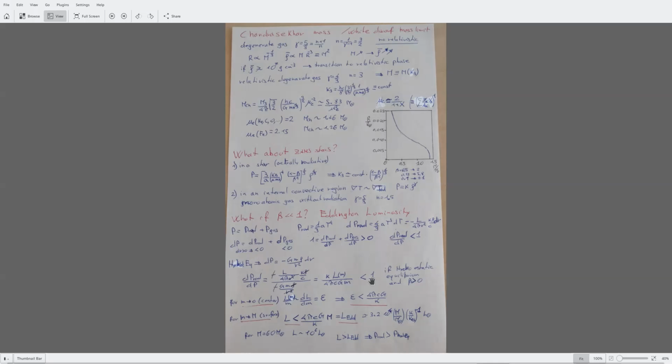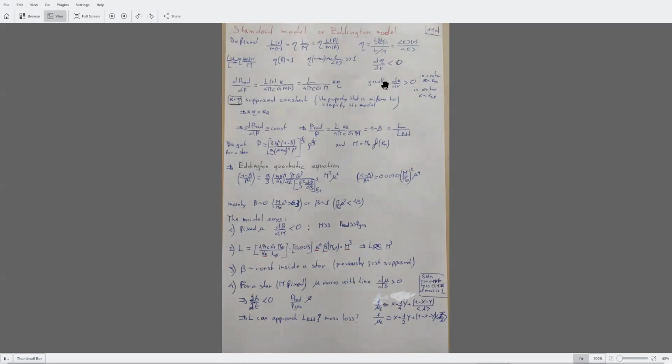We saw that there is also a limit for the luminosity above which the radiation pressure is too strong and will lead the star to no longer be in static equilibrium, and so the envelope will start to lose some part of the star's envelope.